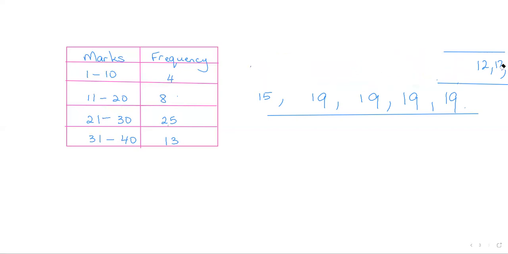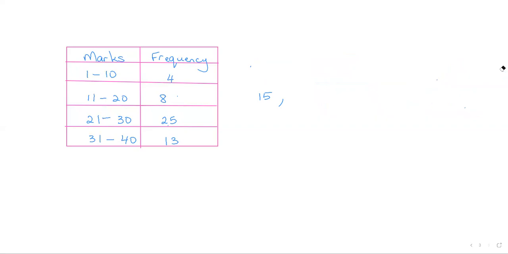Same thing for between 31 and 40. 13 people got between it. So you could imagine it's a list of numbers going down, right? It's all of the numbers going on. So you can imagine the 4 from this range, the 8 from this range, the 25 from this range, and the 13 from this range. So this number here, this frequency, is actually simply telling us that 8 students got between this range.